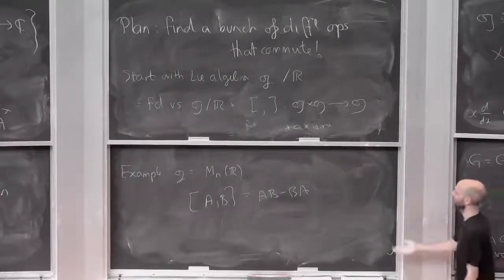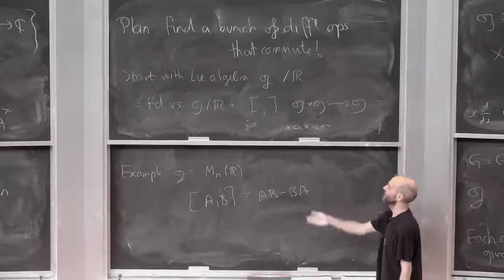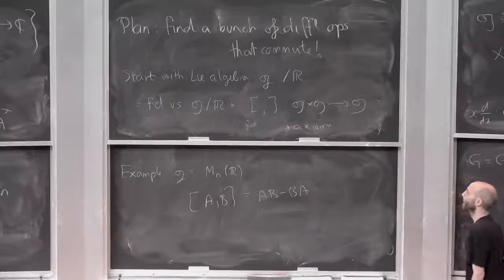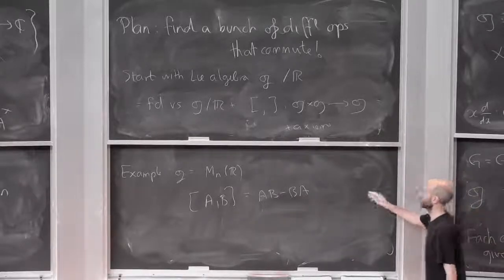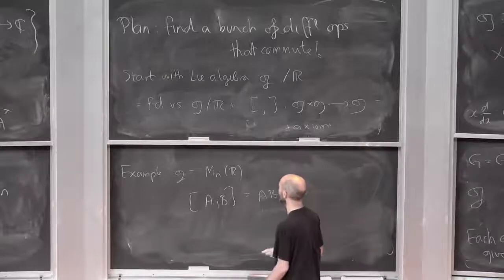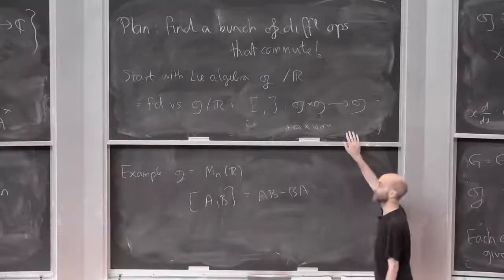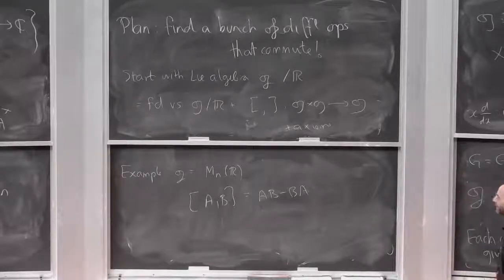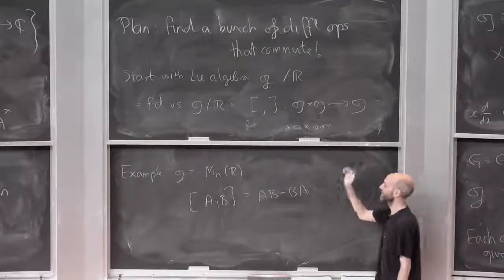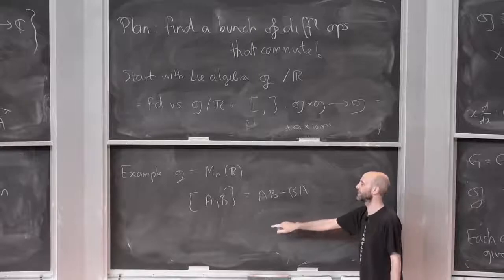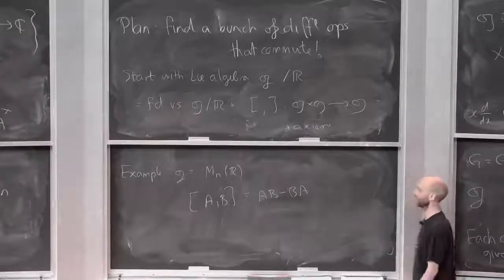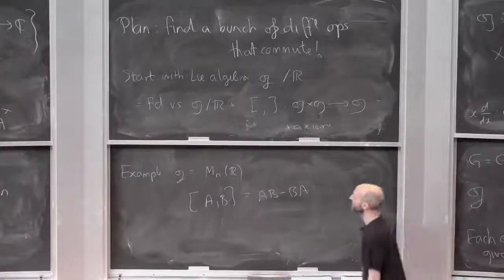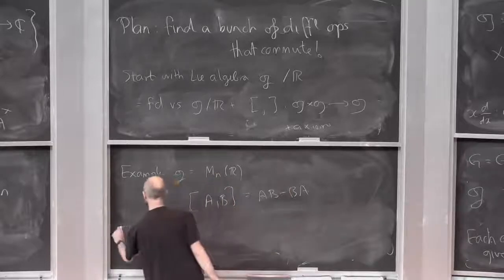So A times B minus B times A will be some other random matrix, and that's what the bracket looks like. Okay? So this is quite nice, actually. So this turns out to satisfy the axioms. There's some Jacobi triple thing that I'm never going to write down. But there's some axiom, and if you do A times B minus B times A, when you substitute it in, everything cancels.